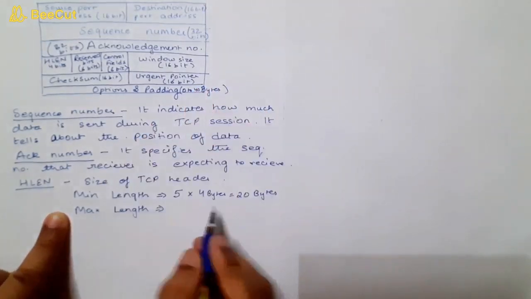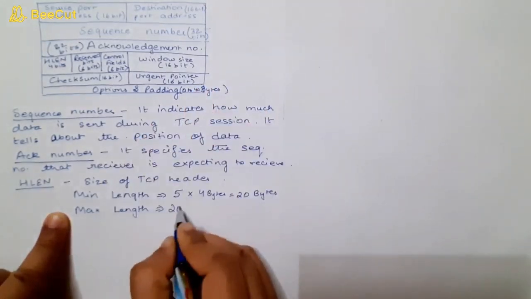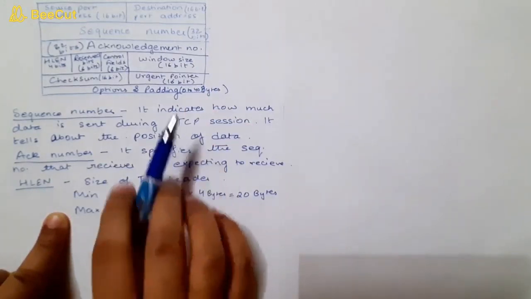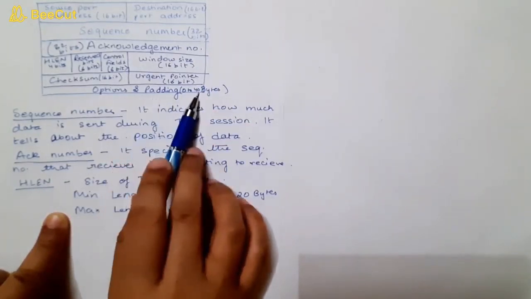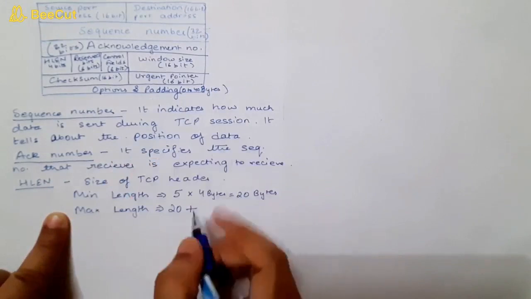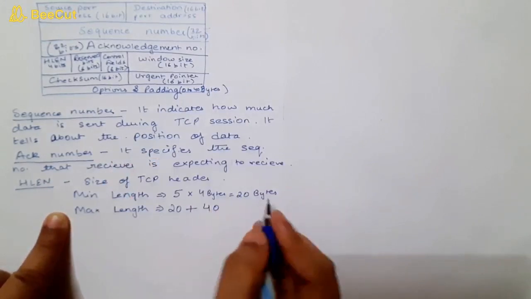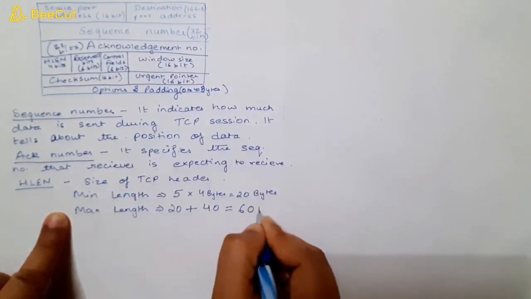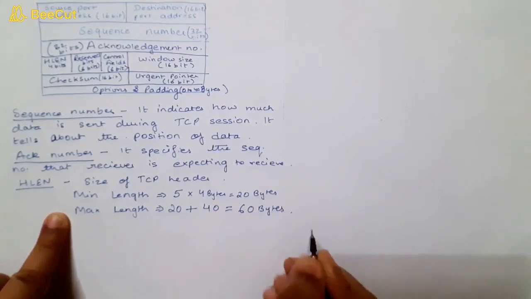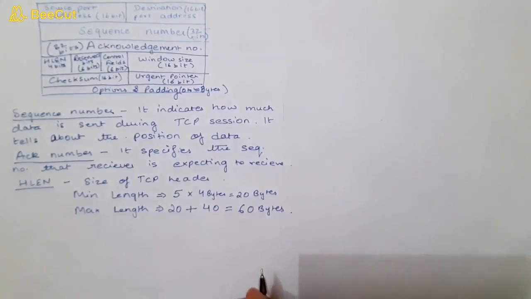So the minimum length is 20, plus if this option field is used, then we'll add 40 for this. At the max you can have 40 bytes, so total is 60 bytes. Okay, so this is the header length, which tells about the size of the TCP header. Minimum can be 20 bytes, maximum can be 60 bytes for this TCP header.